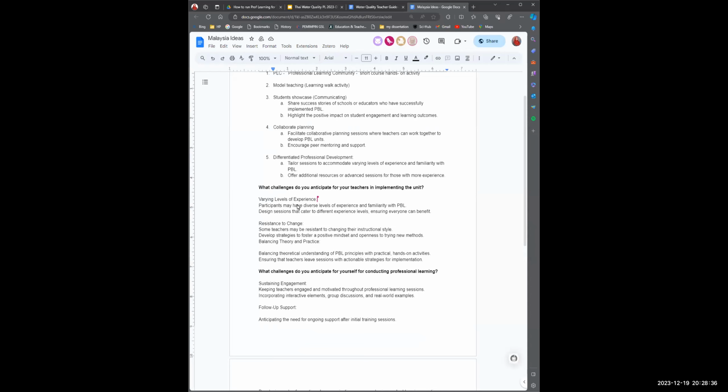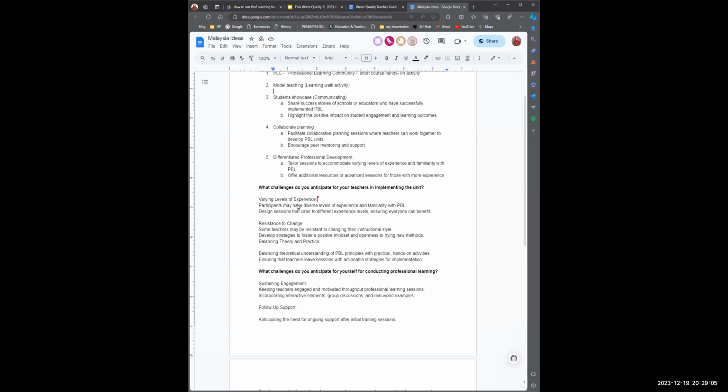And then one of the major problems amongst science teachers in our country is that the science content is a lot. We take too much time to finish the syllabus before we can think of creative ways to implement PBL.